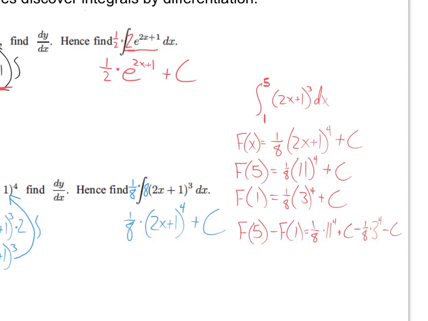Distribute the negative, and those c's will cancel out. So when you're doing a definite integral, we don't care about the c's. When we're doing an indefinite integral, we do want the c there. Any questions?